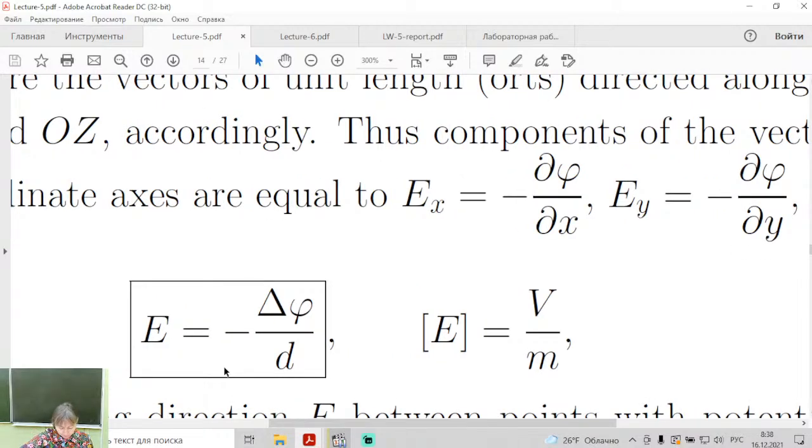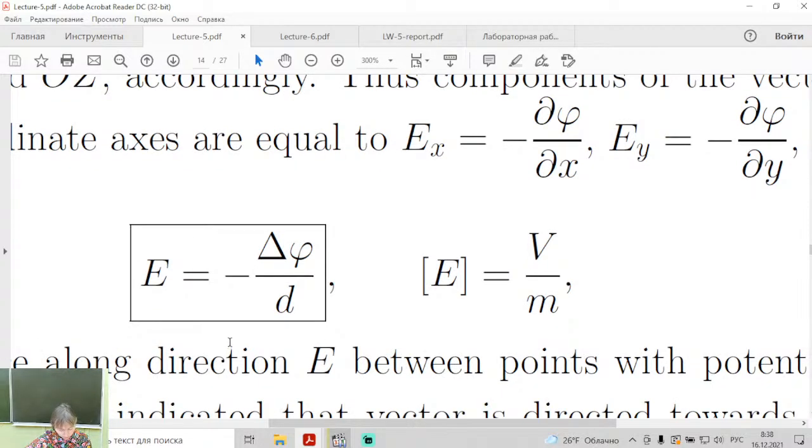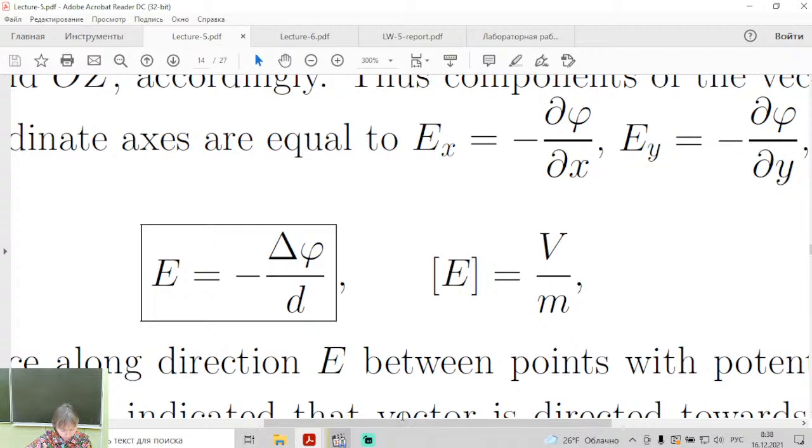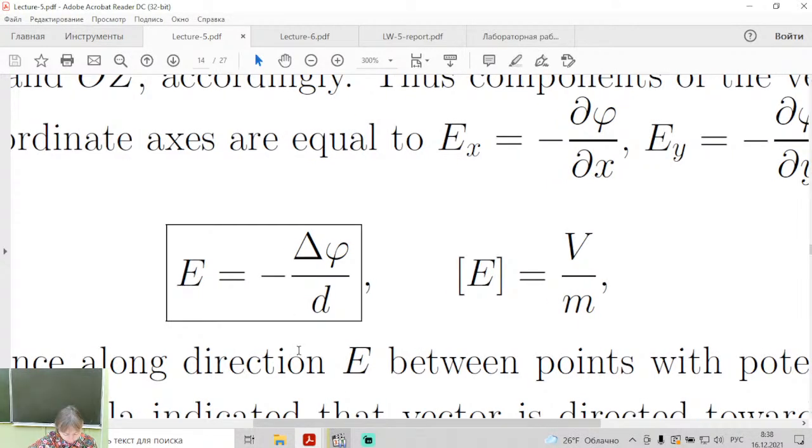That we can write for intensity E in this form, where d is the distance along the direction of E between points with potential phi first and phi second.